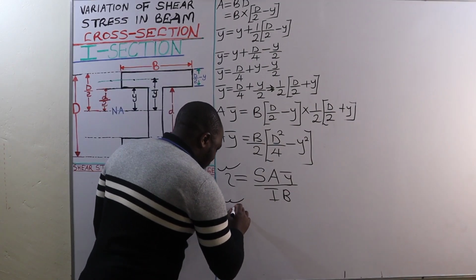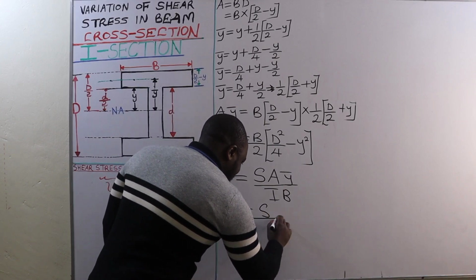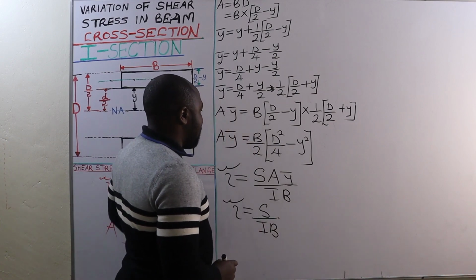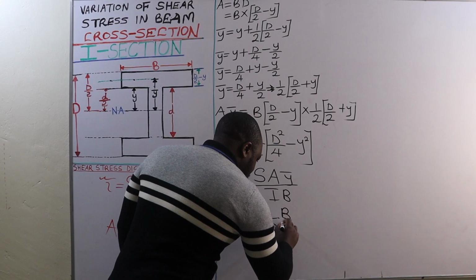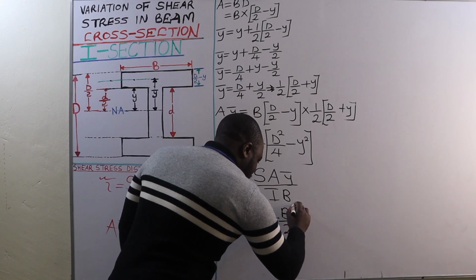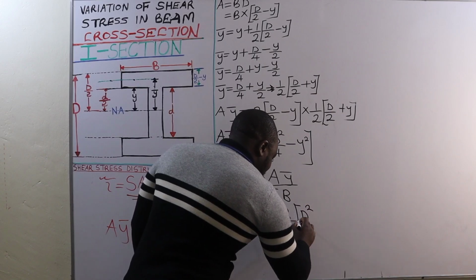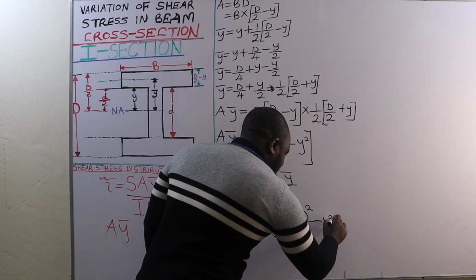So we are going to have shear stress equal to S divided by I B multiplied by A bar y, which is B over 2 into D squared over 4 minus y squared.